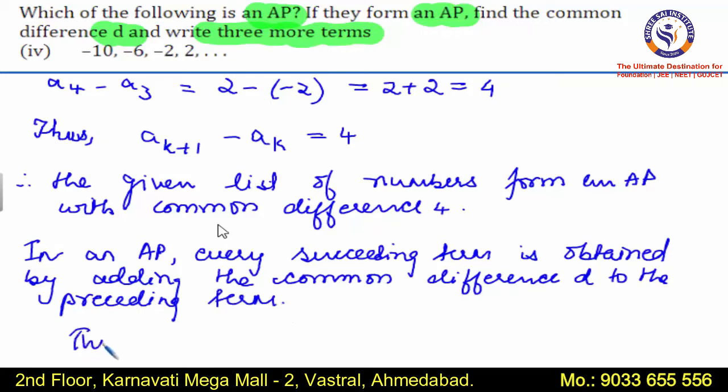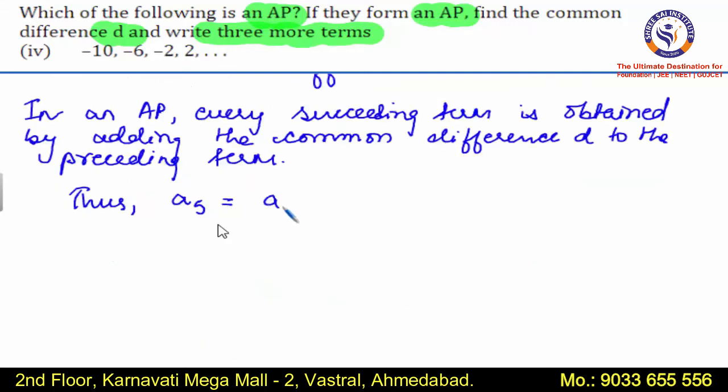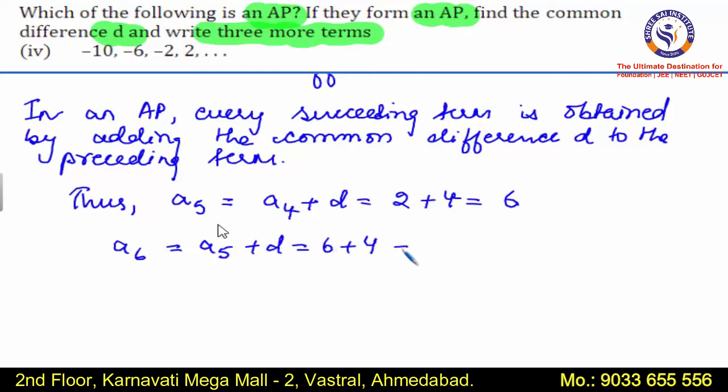Thus, 4 terms we are already given. We have to find the 5th, 6th and 7th term. The 5th term is given by the sum of the 4th term and the common difference. The 4th term is 2 and the common difference is 4. So the 5th term is 6. The 6th term is the sum of the 5th term and the common difference, and the 5th term is 6 and the common difference is 4. So we have 10. And the 7th term is the sum of the 6th term plus the common difference, that is 10 plus 4, which is equal to 14.